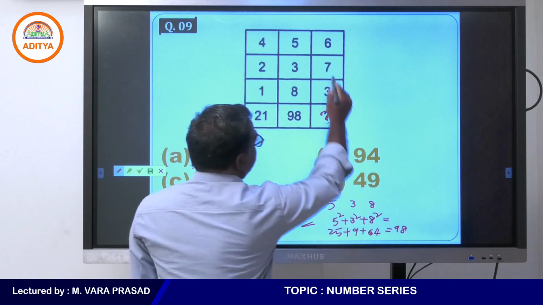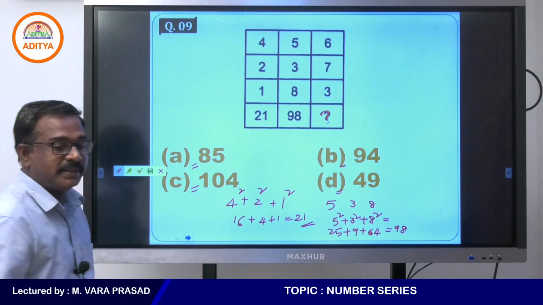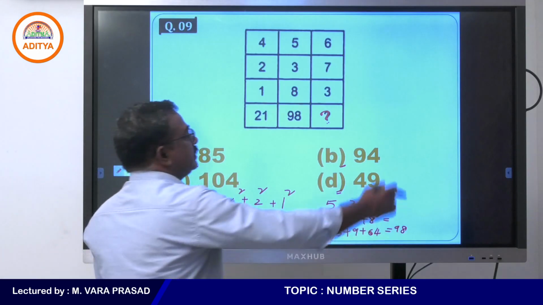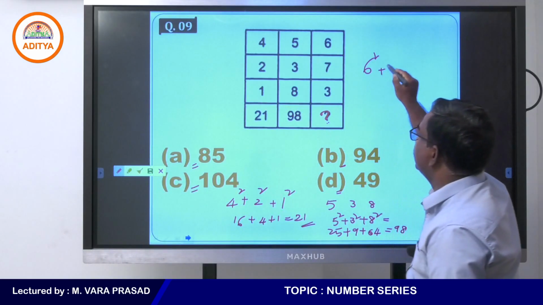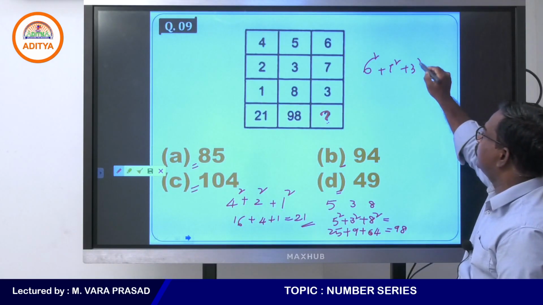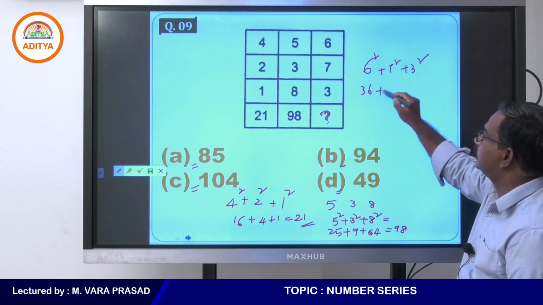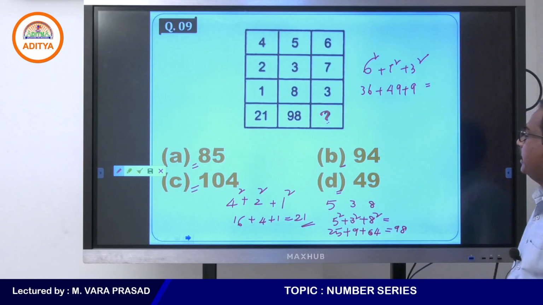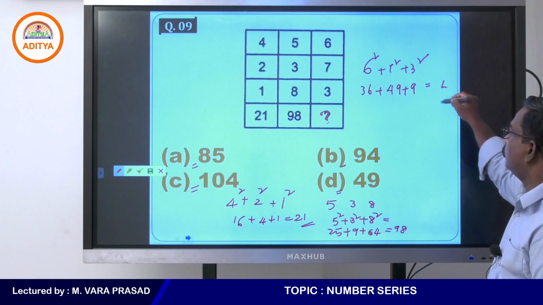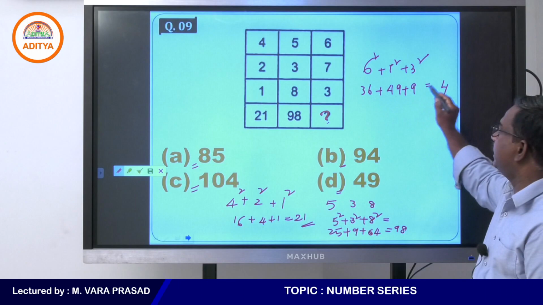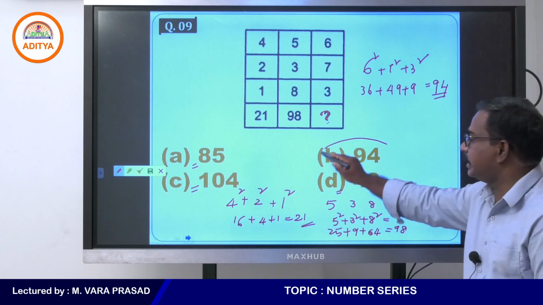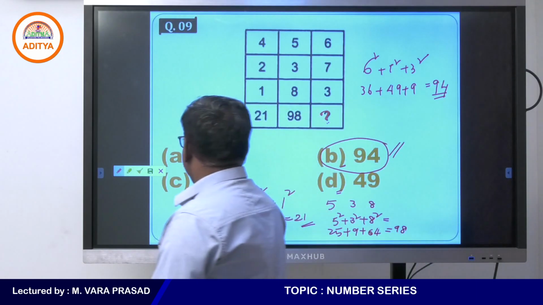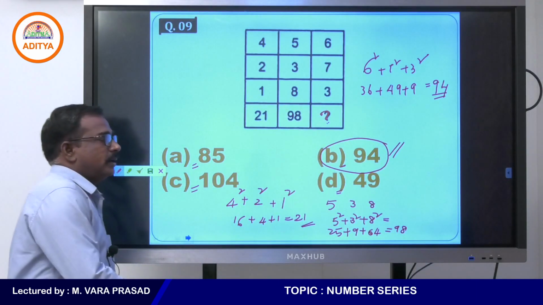Then how much will you get here? 6 square plus 7 square plus 3 square, 36 plus 49 plus 9. So, 9 plus 9, 18, plus 6, 24, 2, 6, 9, 94 is the correct answer. The second option is the correct answer, right?